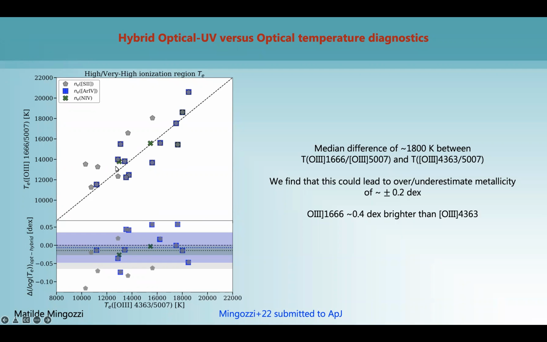And we surprisingly found a very good agreement between the two, with just a small systematic offset of 1800 Kelvin, that in the end allows us to estimate the optical metallicity within a range of 0.2 dex, so a good estimate of the optical metallicity. And this is very good because the oxygen 3 at 1666 in our CLASSY galaxies is 0.4x brighter than the optical auroral line, so it could be much more useful in high redshift spectra.